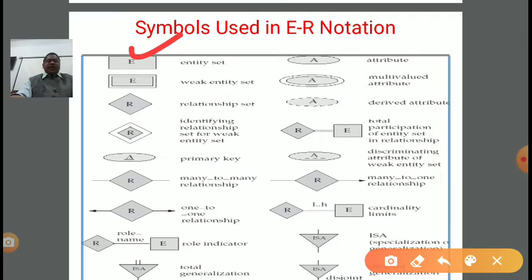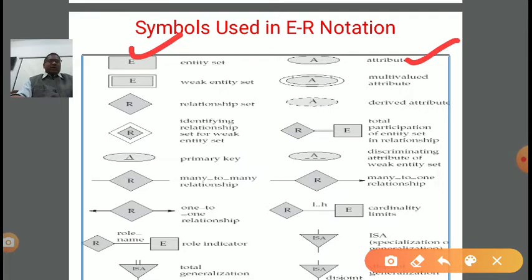So any real life object which has certain properties is known as an entity, and a collection of entities with similar attributes is called an entity set. So we represent an entity in the diagram with the help of a rectangle. Clear?